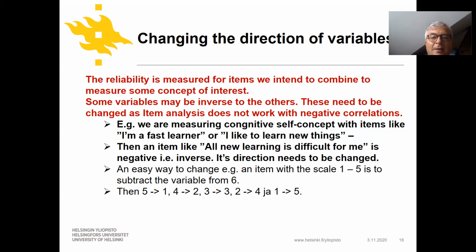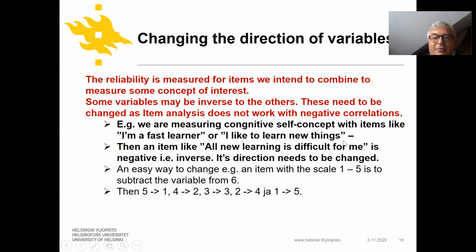So if you have something like, I'm a fast learner, I like to learn new things, and all new learning is difficult for me, then the last one is clearly measuring the same thing, we think, but it's negative compared with the others. So we need to change that direction.